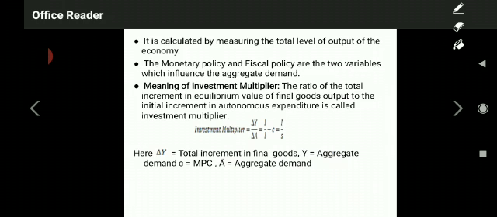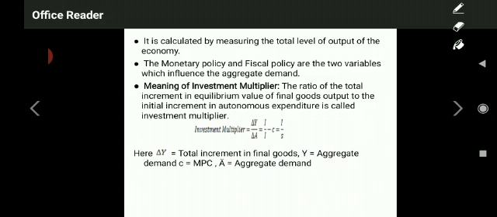These are the part and parcel of monetary policy. In fiscal policy, public revenue and expenditure are the two main important aspects. When there are changes in these areas, it automatically influences the aggregate demand.